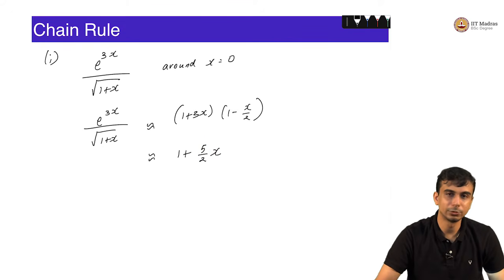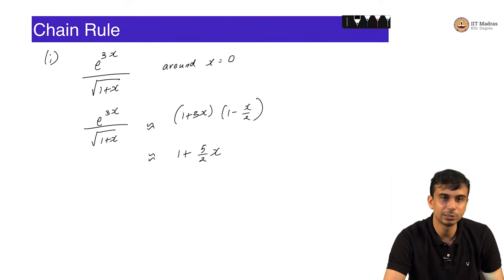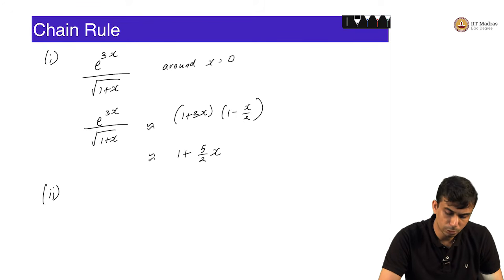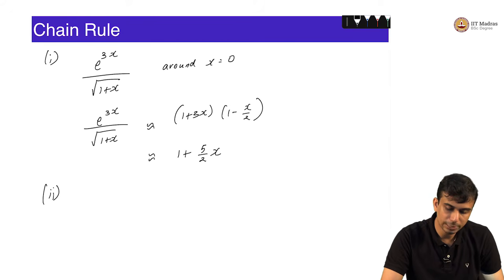But it is also nicer to see that a more natural way of doing this is to just do linear approximations of each of these components and work on it later. So this is a direct application of the product rule and the chain rule also. So, let us say you want the linear approximation.